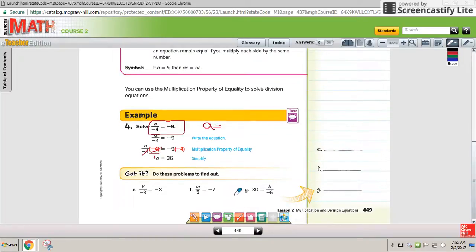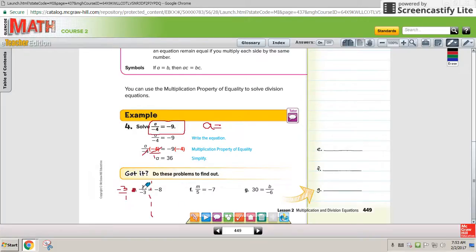Okay, big pet peeve of mine is how they set these up because they don't give you enough room to show work. So I'm going to show you what I want to see for E. So find the variable. Y is being divided by -3. So how do you undo dividing by -3? So we're going to put a big multiplication sign right here. We're going to multiply by -3.